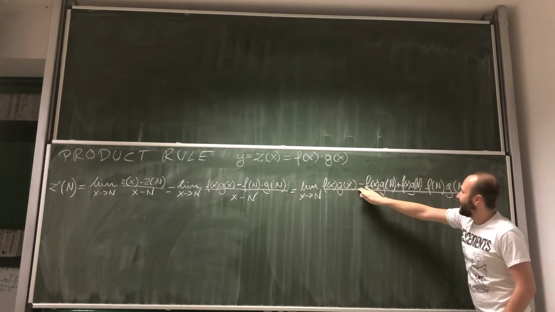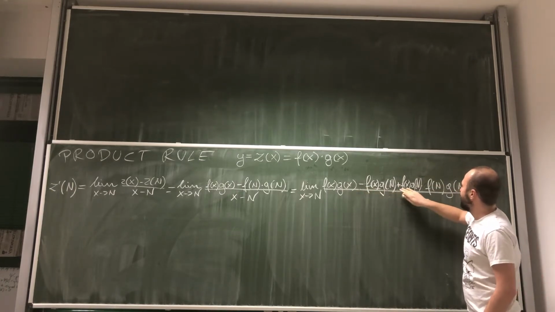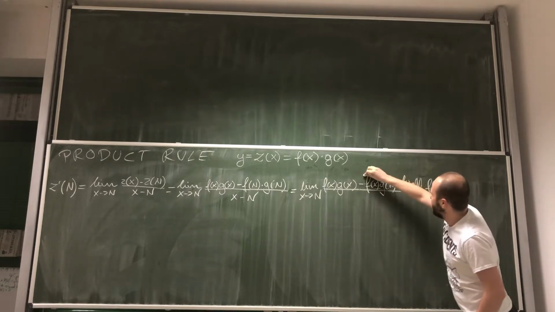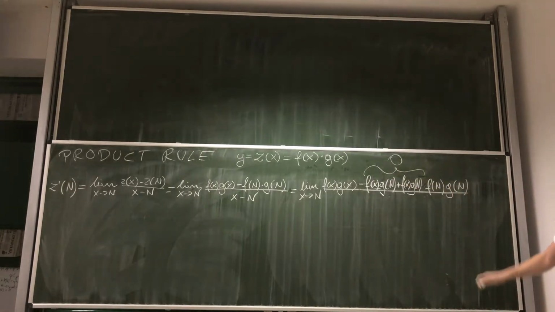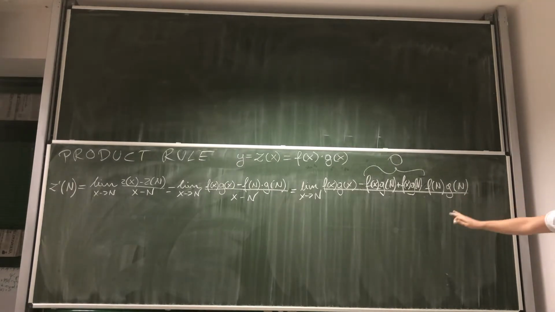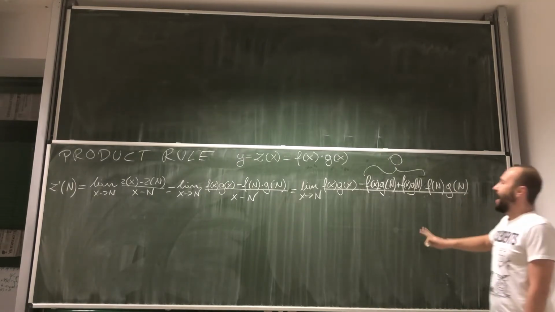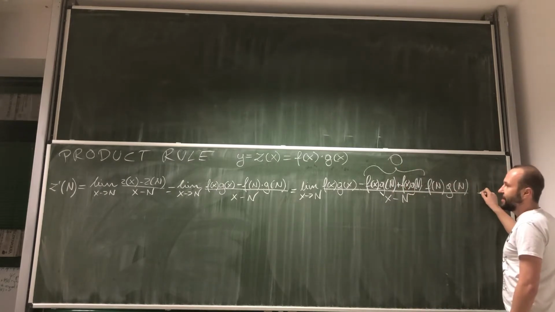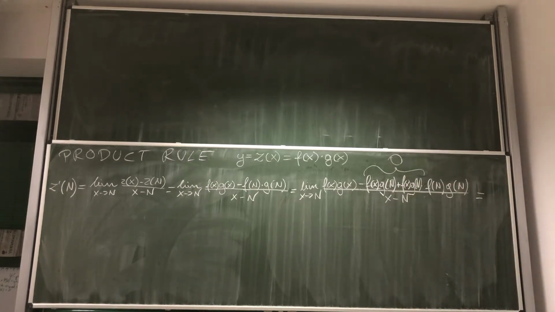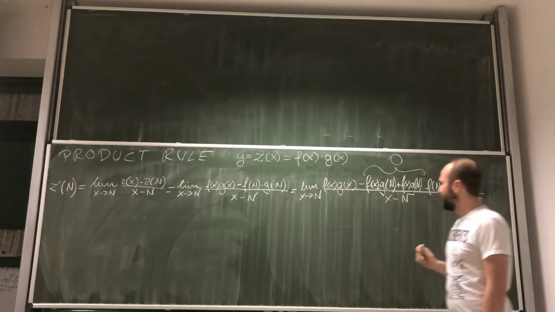So we've got minus f of x times g of n plus f of x times g of n, which of course is equal to 0. I've added 0 here, so I didn't change anything. Okay, but now that we added this expression, we see that there are some things we can do with it. I'm going to do it very slowly.